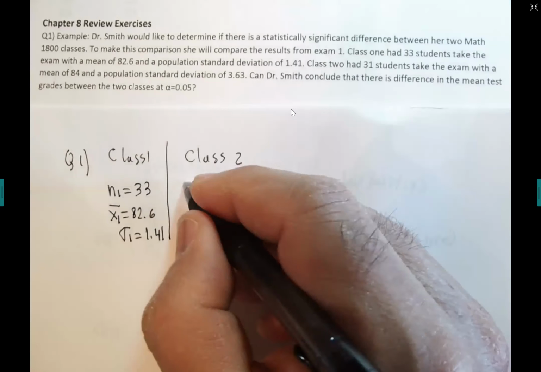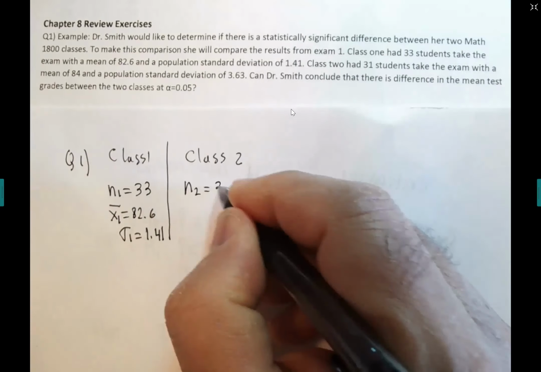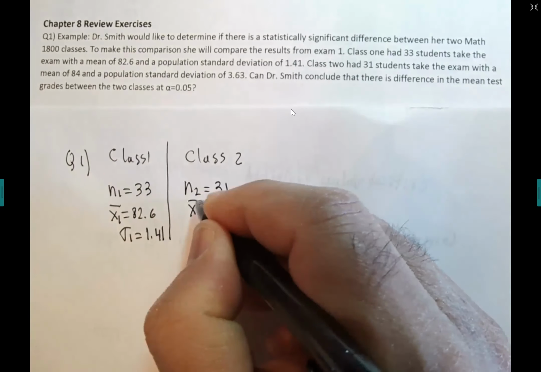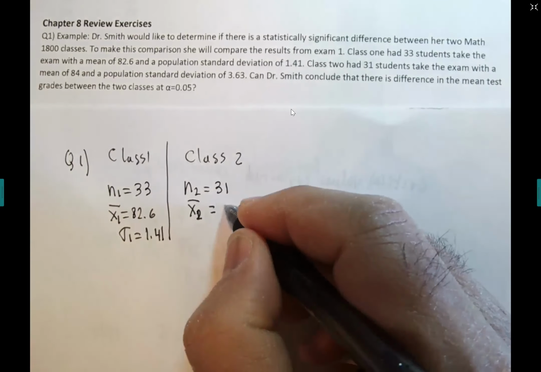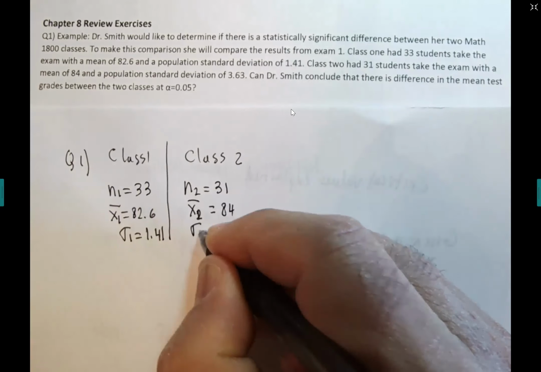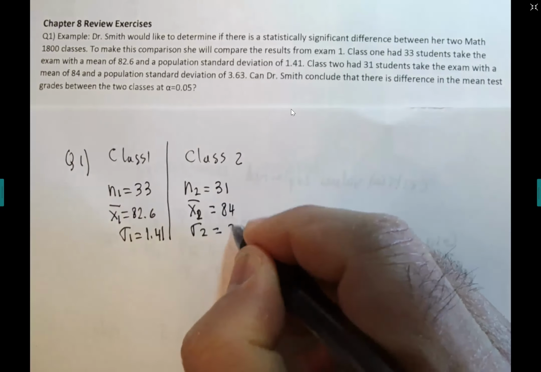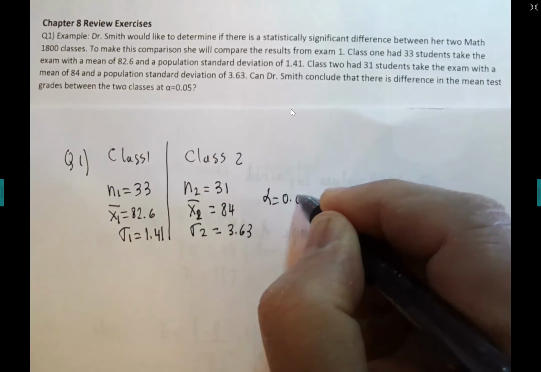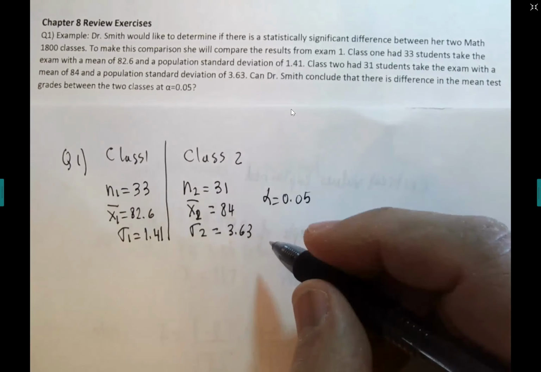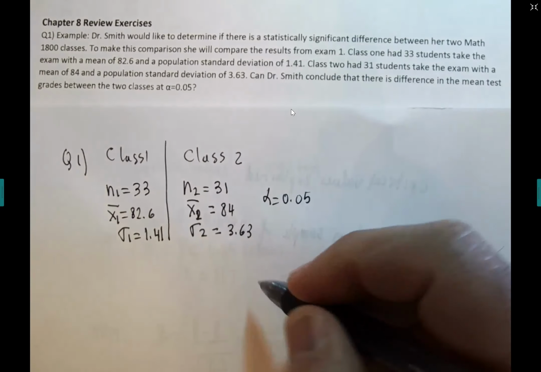Class 2 had 31 students with a mean X2 bar 84, and with a population standard deviation of 3.63. Alpha is 0.05, and can Dr. Smith conclude there is a difference in the means?